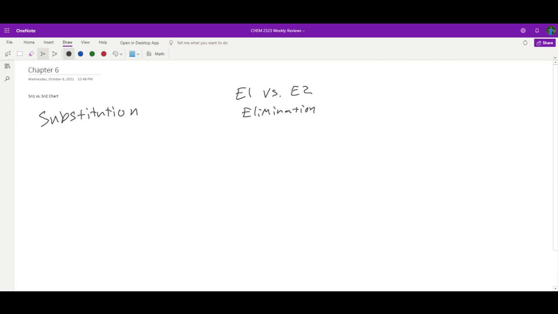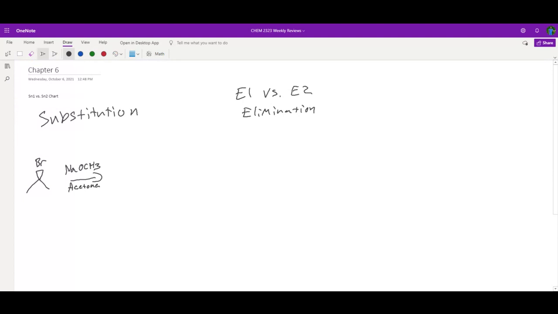Let me give you an example problem. This is an example of all four mechanisms.